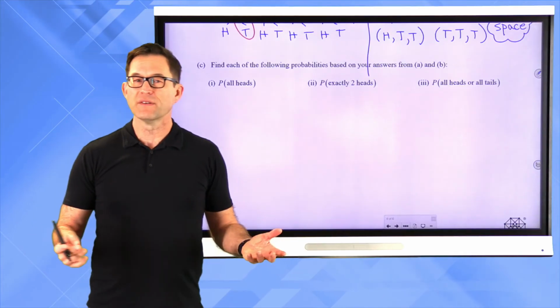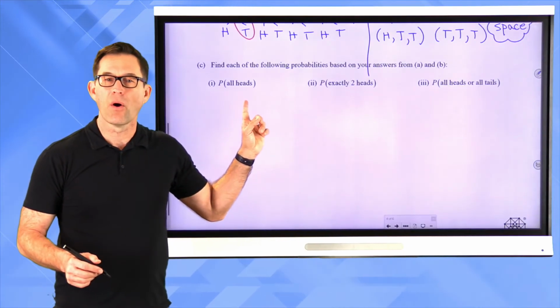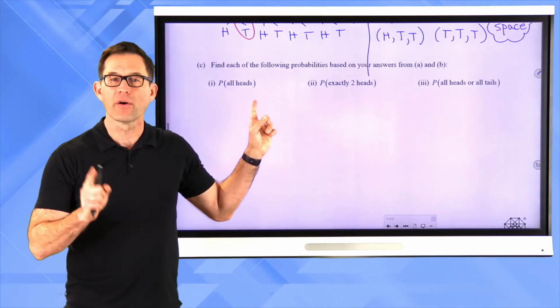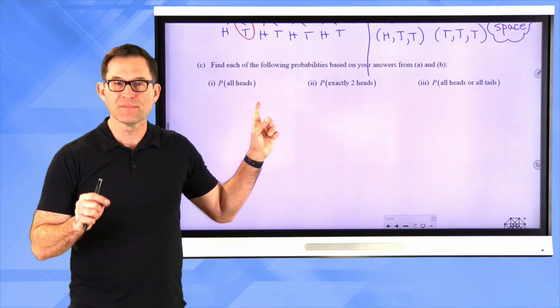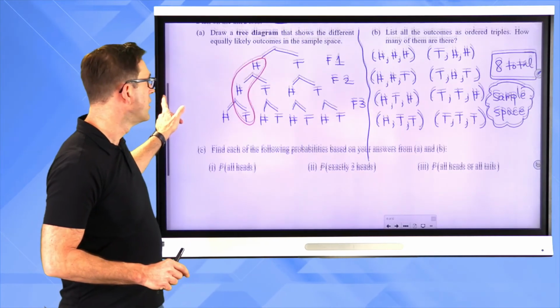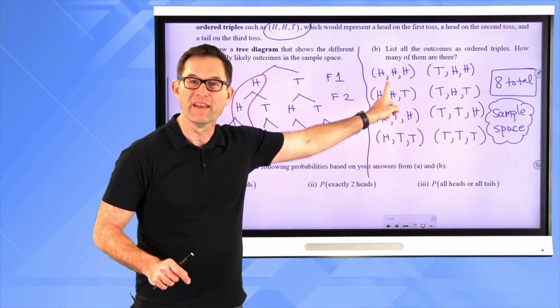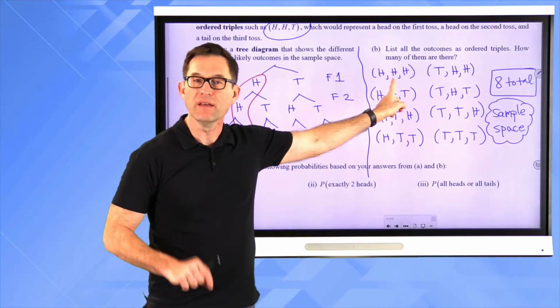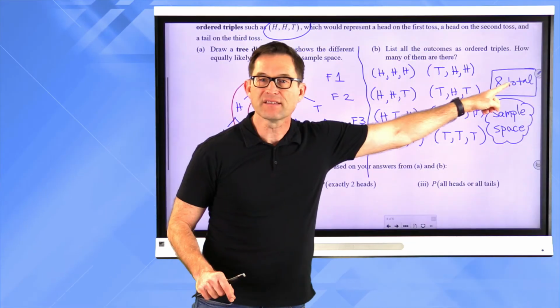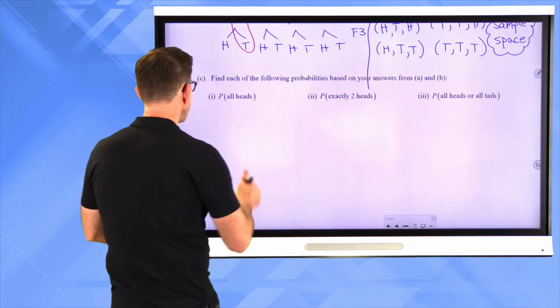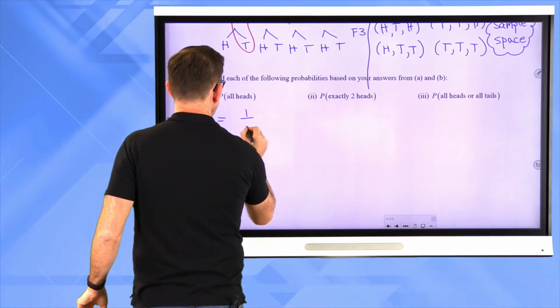Well, this is simple. The event now is all heads. How many of our equally likely outcomes fall into this category? Just one, it's right there. So n of E is 1, n of S is 8. So the probability of all heads is 1/8.